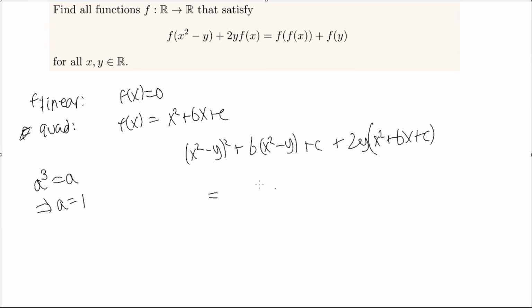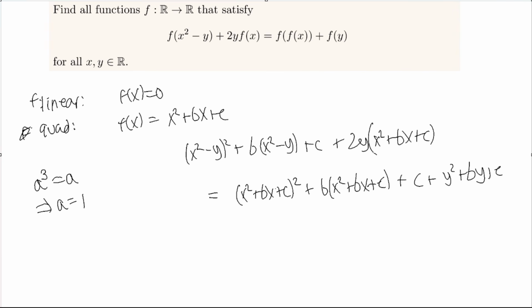And then this is equal to f of x, which is (x squared plus bx plus c) squared plus b times (x squared plus bx plus c) plus y squared plus by plus c.